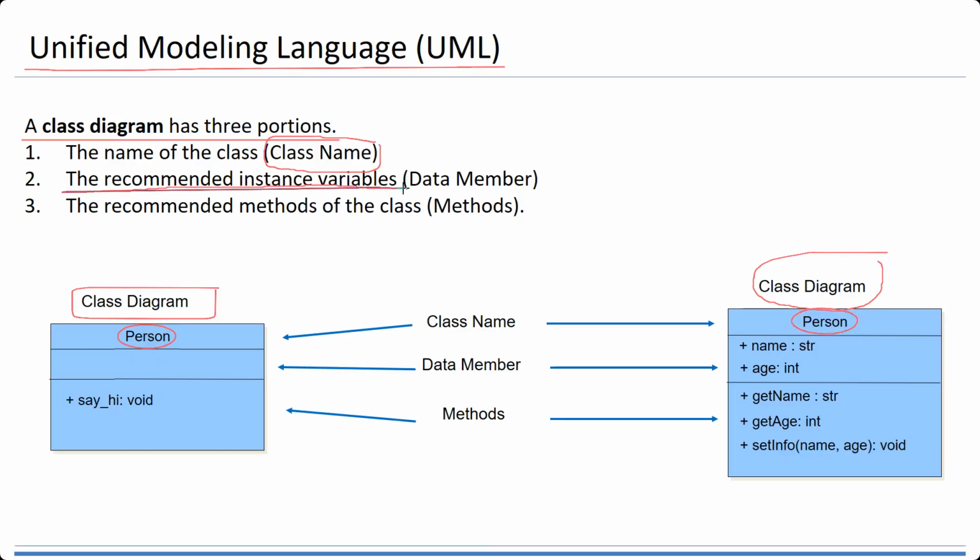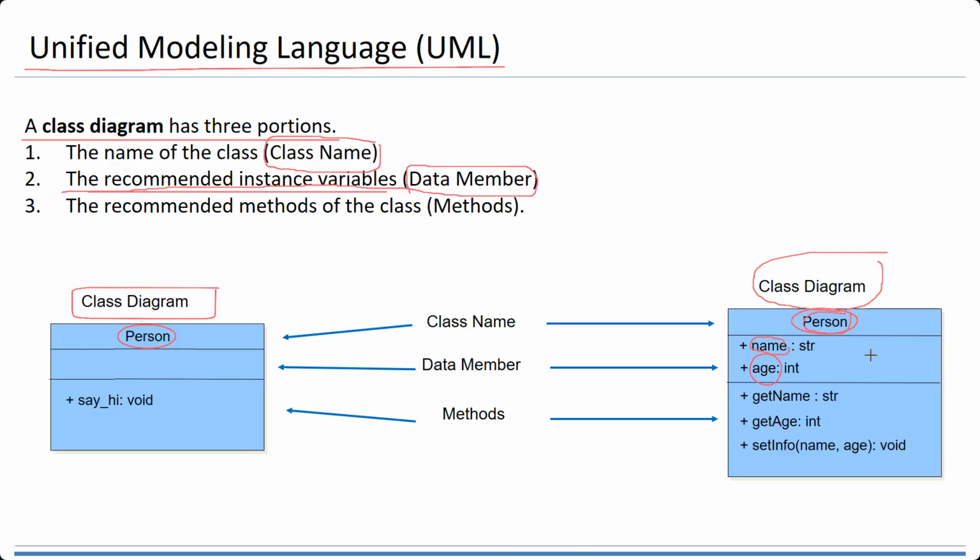The other portion we call the data member. The data member means these are the recommended instance variables. We know if it is a person, then there should be a name. Maybe there is another attribute, we call it age.